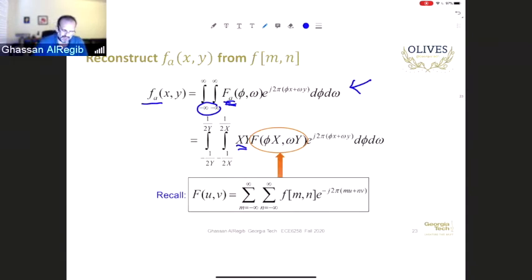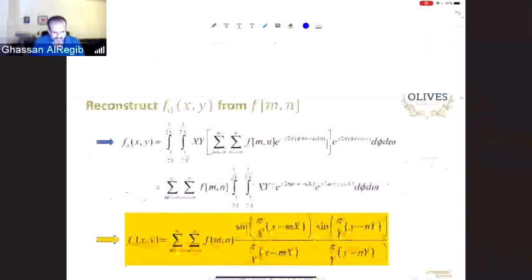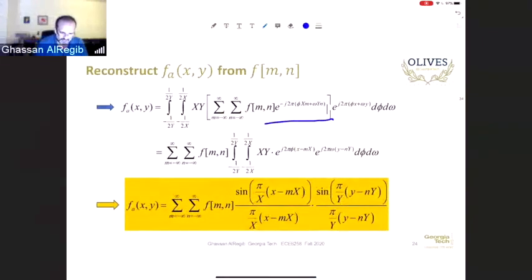However, we have a definition for our Fourier transform of a digital signal, which we obtained in the previous lecture as the double summation of f e to the negative j2 pi (mu n plus mu m). If we can bring that in, I can rearrange some terms.